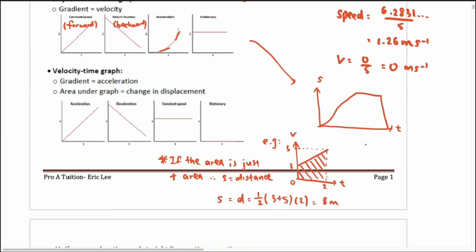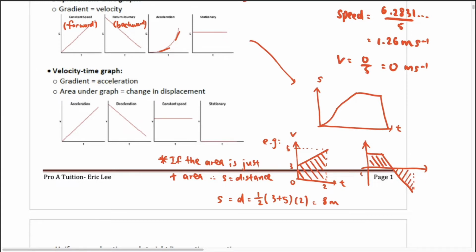But sometimes your area has positive area as well as negative area. For example, something like this. Okay, so we have positive area here. We have negative area over here.